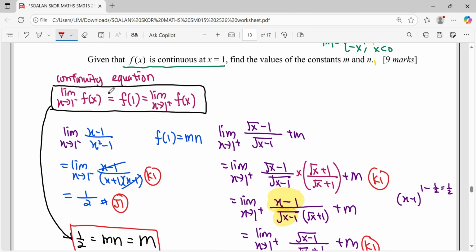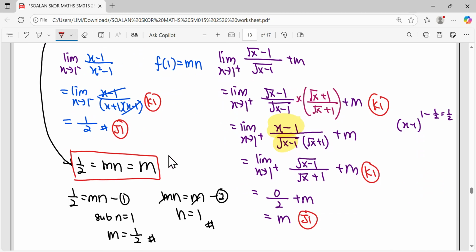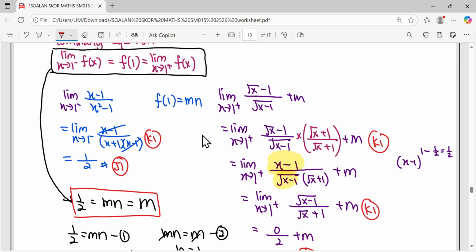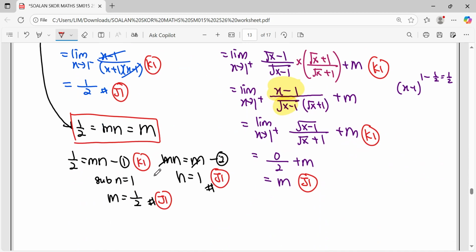We have to see you apply the continuity equation. Write it correctly, and you apply the equation. You get two equations here, and you get m equals 1 over 2, n equals to 1.